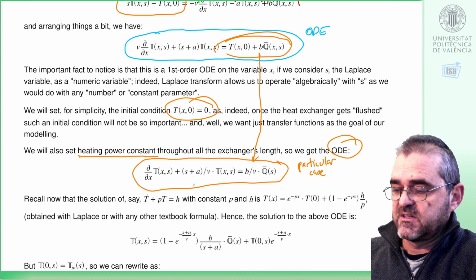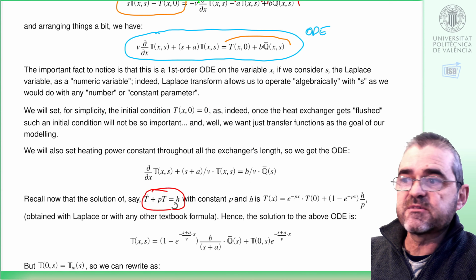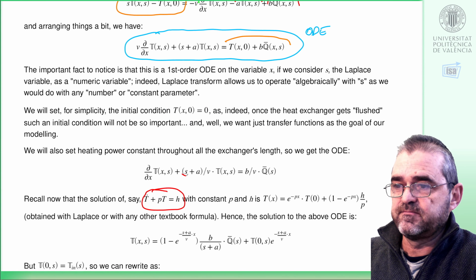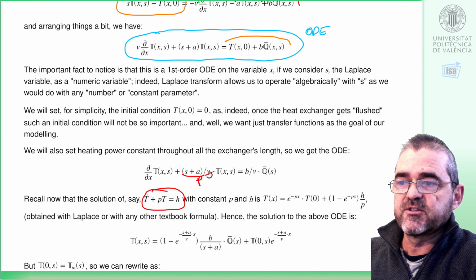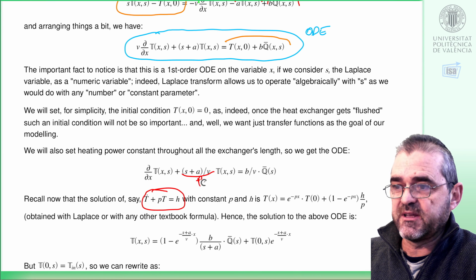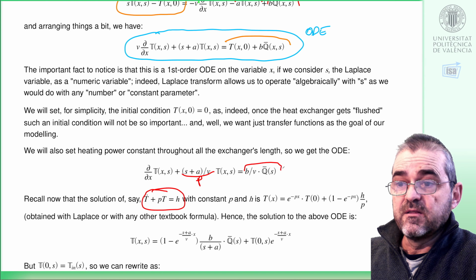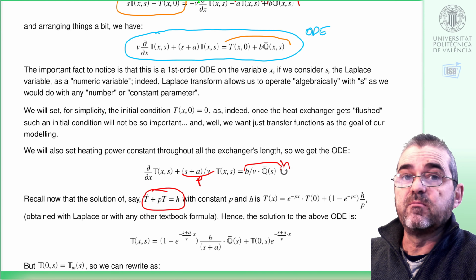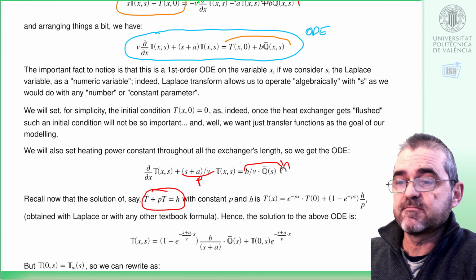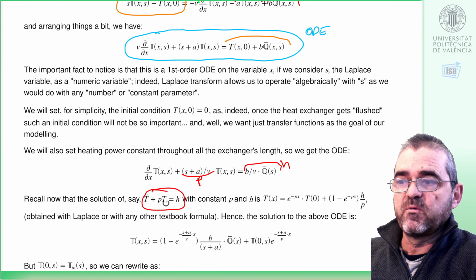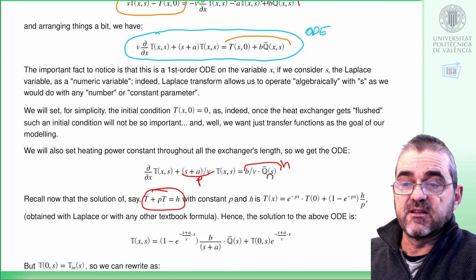So this is, in simple terms, something similar to this. This is p, some numbers that do not depend on x. This is h, some numbers that do not depend on x.